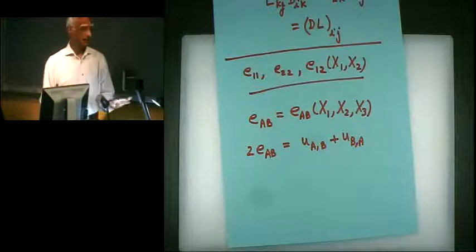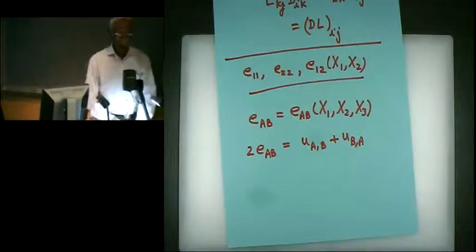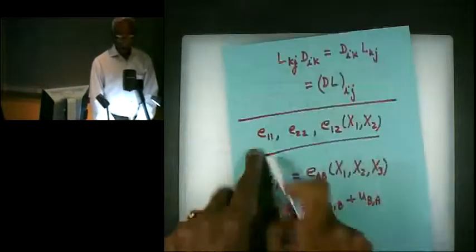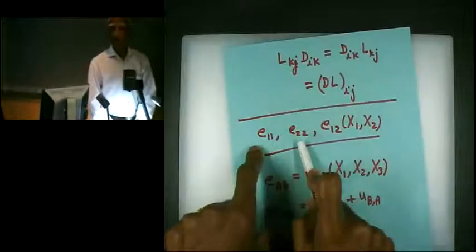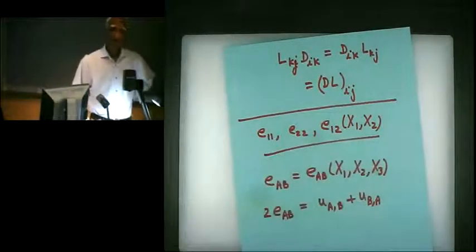Last time, towards the end of the period, we had 3 equations for 2 unknowns. So we had E11, E22, and E12 given as functions of x1 and x2. So what did we do? So we had 3 equations for 2 unknowns. So what did we come up with?